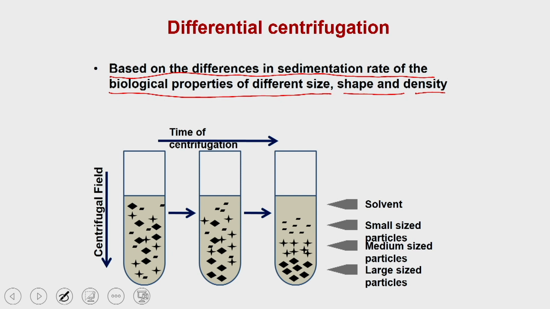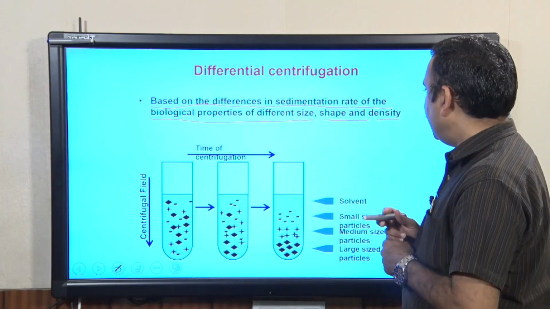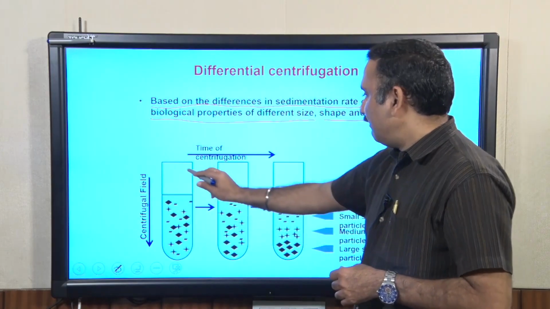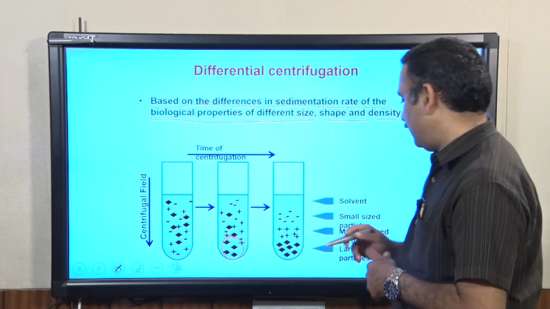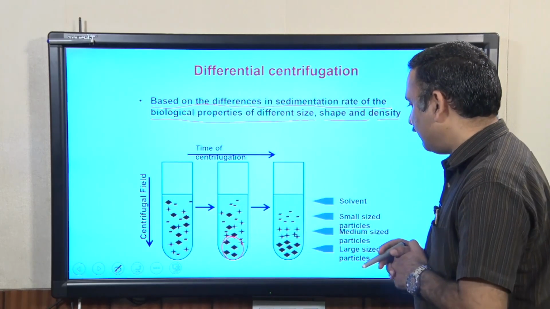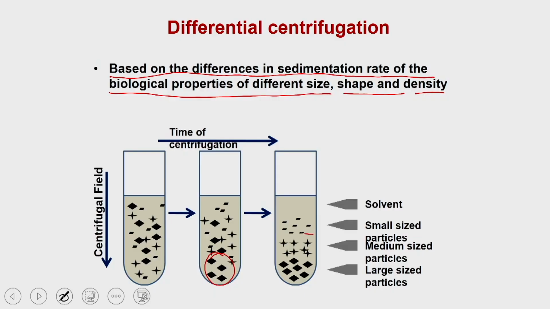You can imagine a situation where you have particles of different sizes, shapes as well as densities. When you do differential centrifugation, in one round of centrifugation, some particles settle down in the pellet fraction, whereas all the remaining sample is present in the supernatant. When you spin this supernatant, you get the next fraction in the pellet, and the third time you get a third fraction in the pellet.